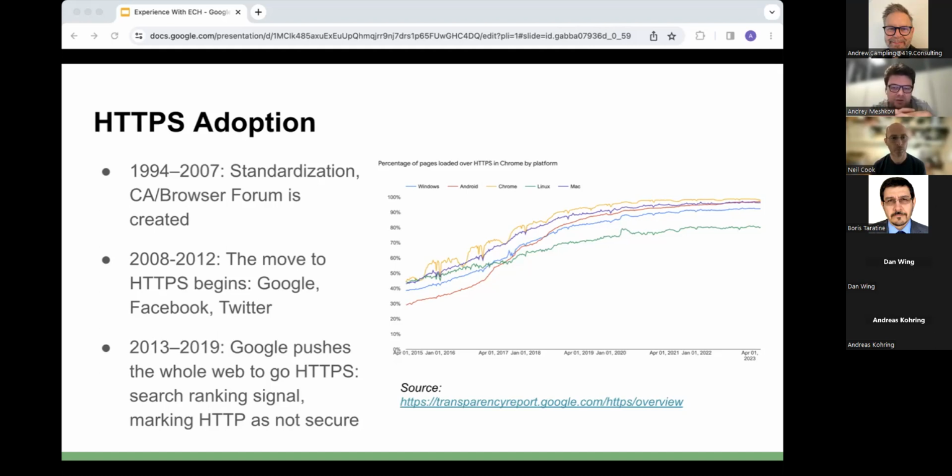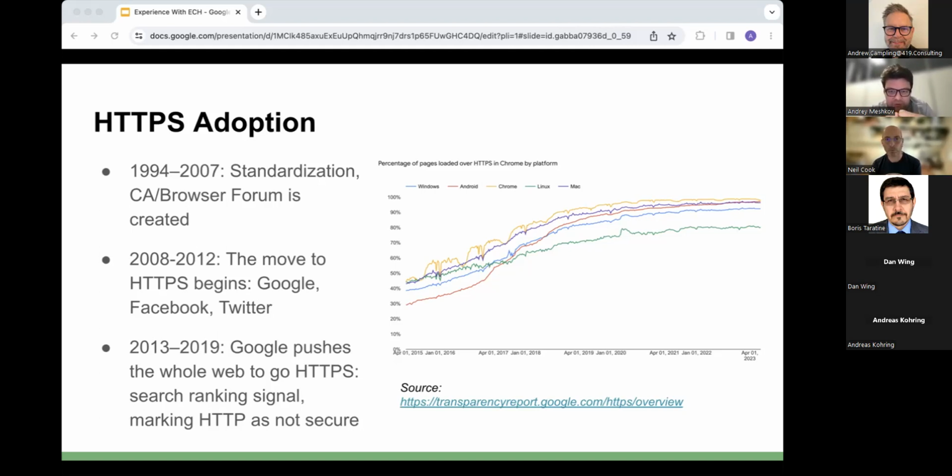The first stage is from 1994 to approximately 2007, and during these 13 years, many of the standards related to HTTPS were developed and published, certificate authorities came into being, and the CA/Browser Forum was created.